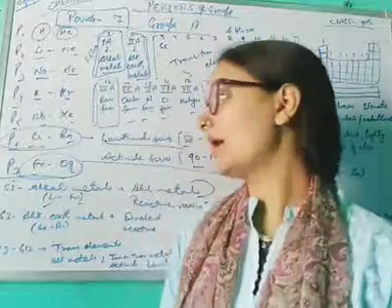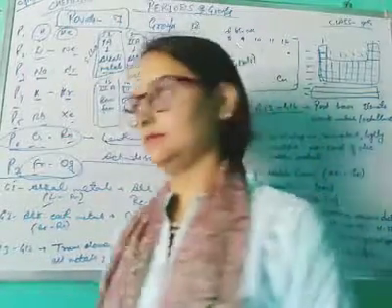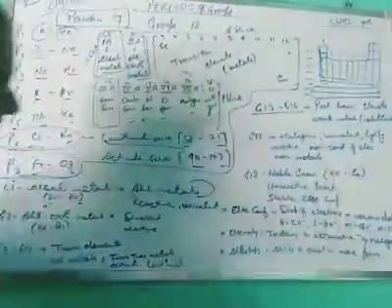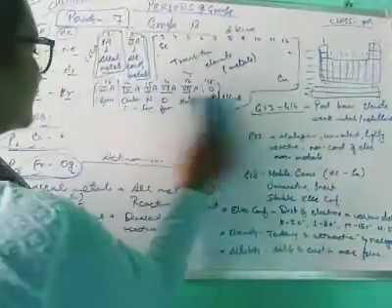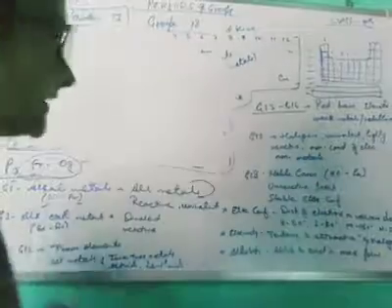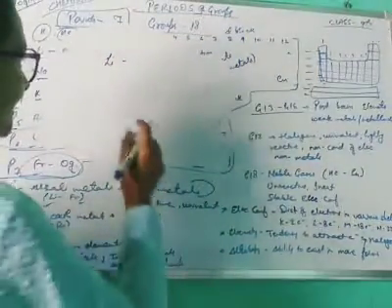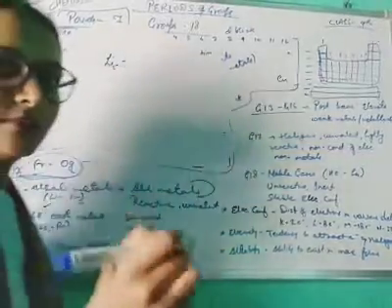Why? Because they have an extra electron in their shell. For example, if you have sodium, Na, or lithium. Hydrogen, helium, lithium having atomic number 3.